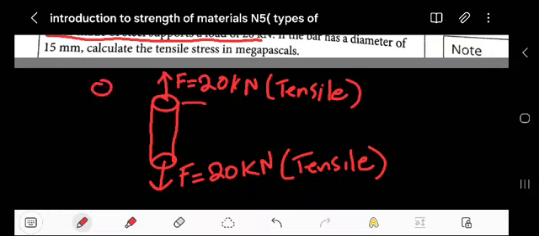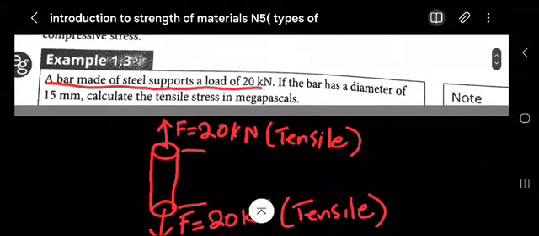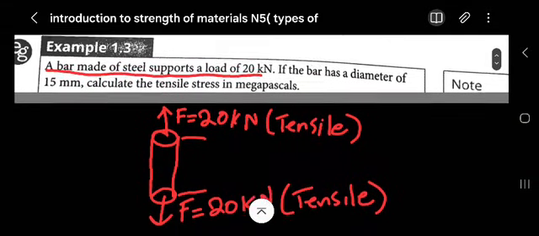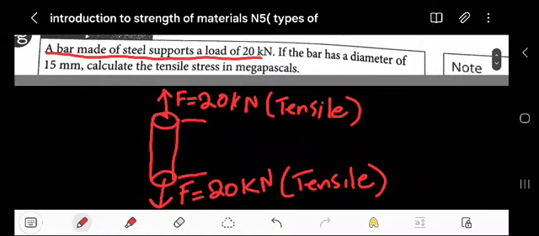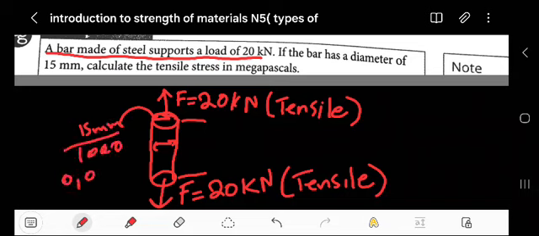This will be the original length, but as you apply it, it will become long. But we are not focusing on the change now. Suppose those loads, the bar diameter we've been given for this cross section is 15 millimeter. When you divide this by 1000, it will be 0.015 meter. Do you agree with me there?